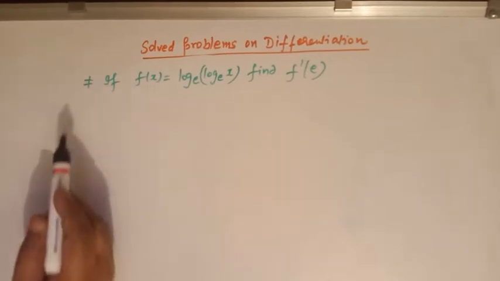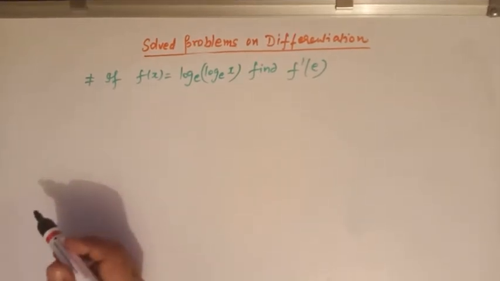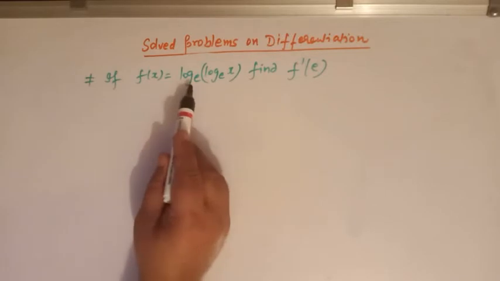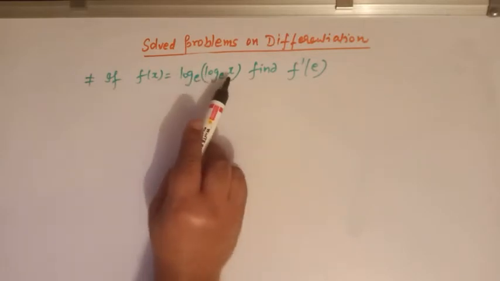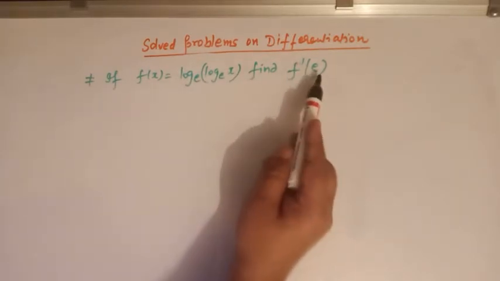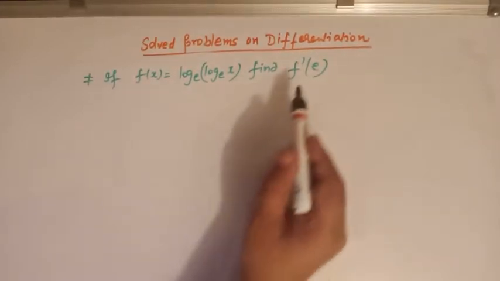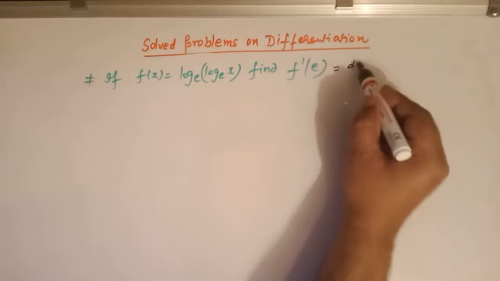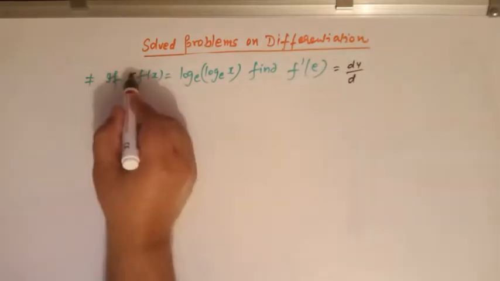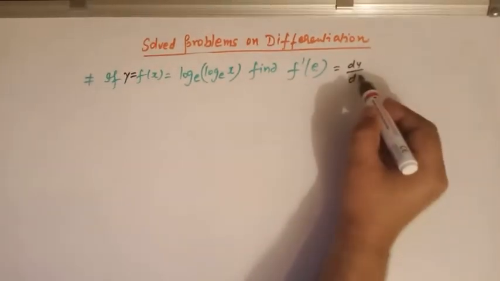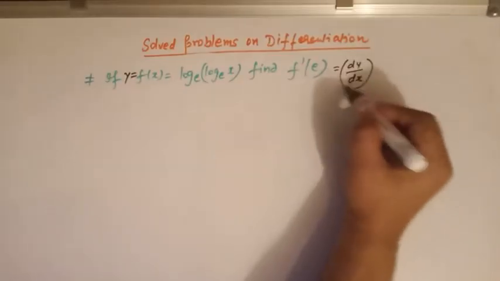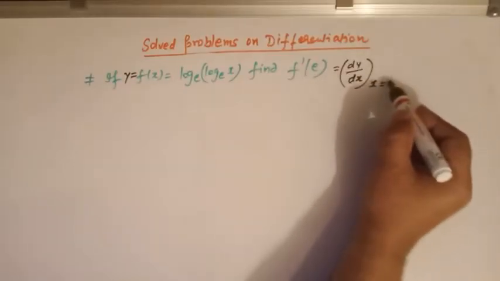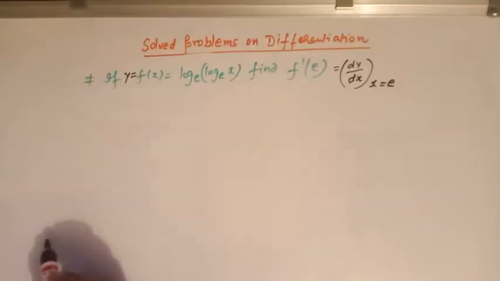Now the second question is, if f of x is log of log x, find f prime of e. Clear? So f prime of e means we have to find the derivative. If it is y, say, then we have to find dy over dx at x equal to e. Clear?